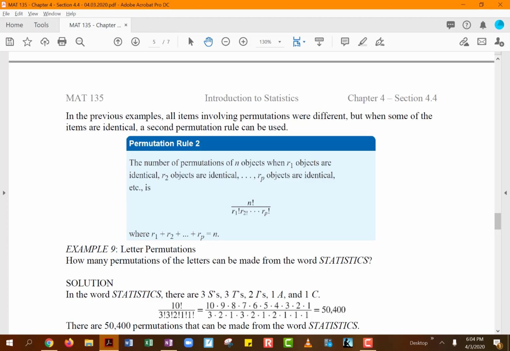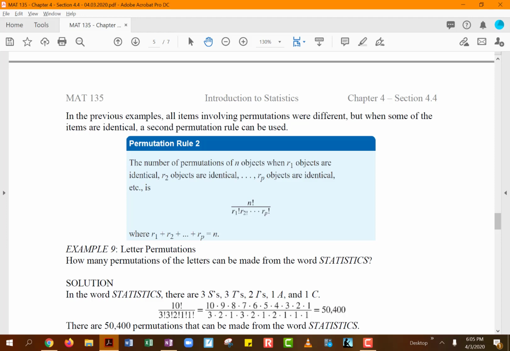The permutation rule here says the number of permutations of n objects, when you have r sub 1 objects that are identical, r sub 2 objects that are identical, maybe going all the way up to r sub p objects that are identical, and if you were to add all those r sub 1, r sub 2, all the way to r sub p, it would still end up giving you a total of n.